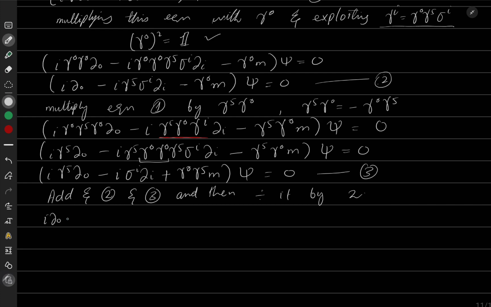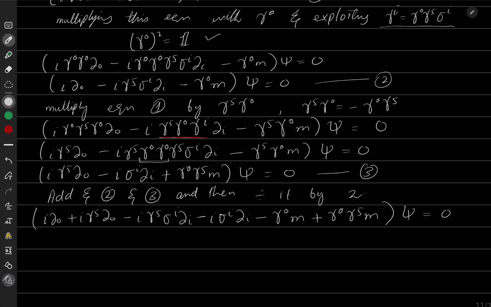So i∂_0 plus iγ^5 ∂_0, minus iγ^5 σ^i ∂_i, minus iσ^i ∂_i, minus γ^0 m, plus γ^0 γ^5 m, and everything is multiplied by ψ and divided by 2.